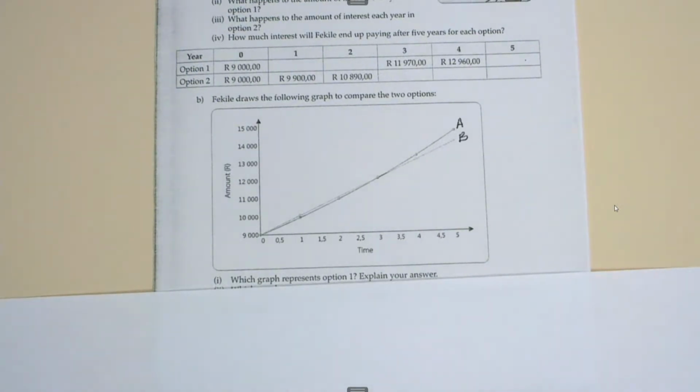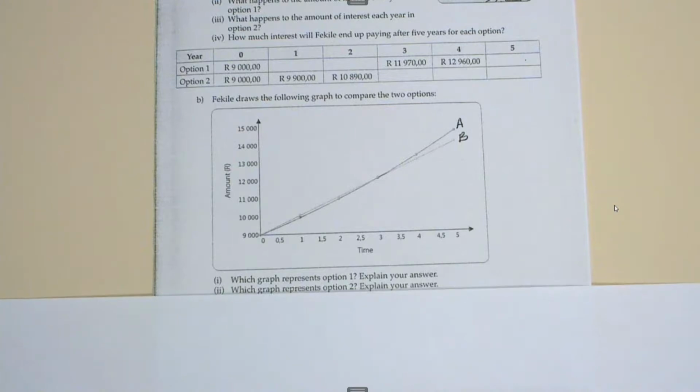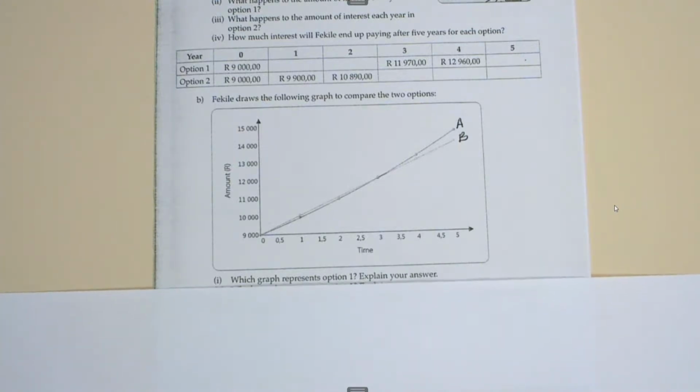So when we look at the question for B, for Roman letter number 1, we say the graph that represents option number 1 is graph B. Why? Because graph B is a straight line graph.